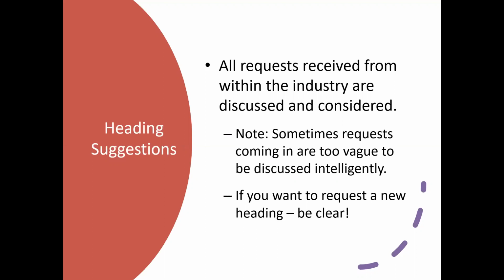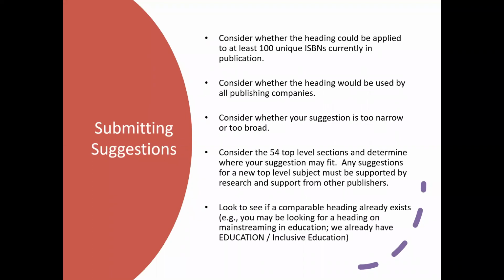The guidelines for requesting a new heading: you want to consider whether that heading could be applied to at least 100 unique ISBNs currently in publication. So if you have 100 ISBNs with all the same title, that doesn't count.